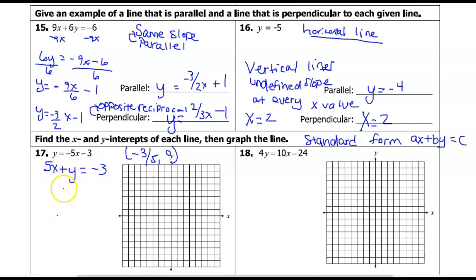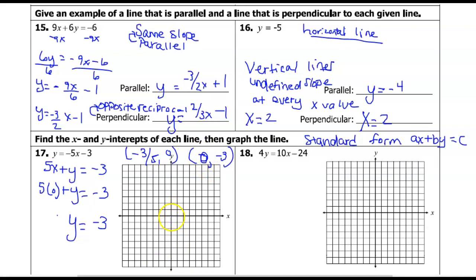My y-intercept is going to be when x equals 0. So I plug in a 0 for x. 5 times 0 plus y equals -3. And so I end up with the y-intercept being at -3. All right, so my y-intercept is at 0, -3.